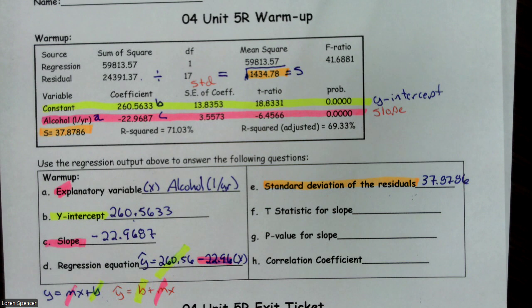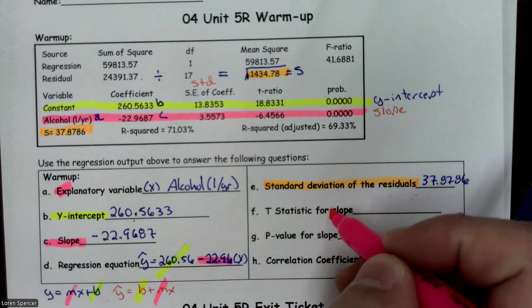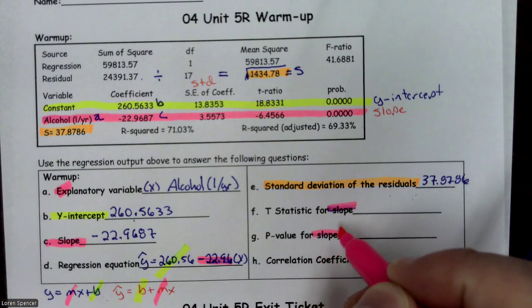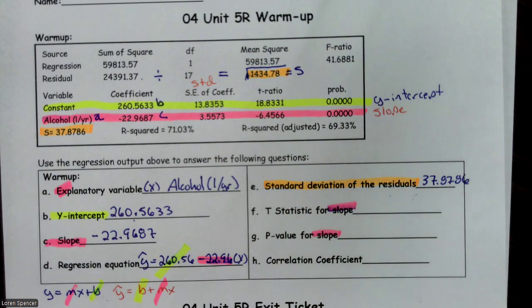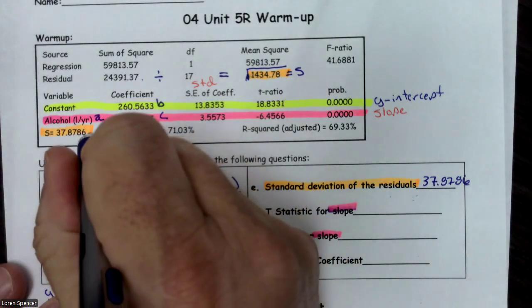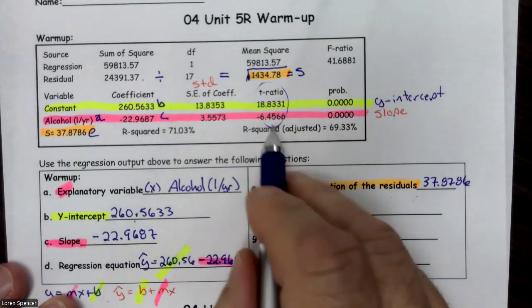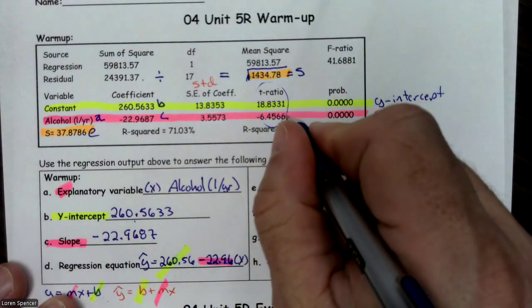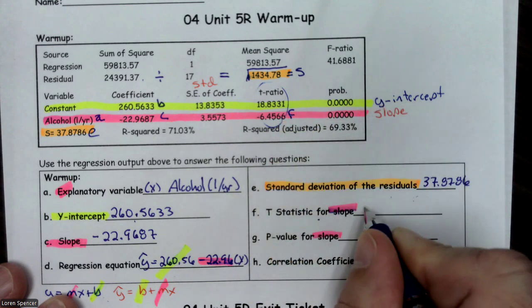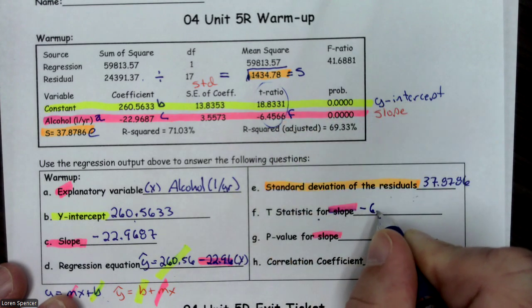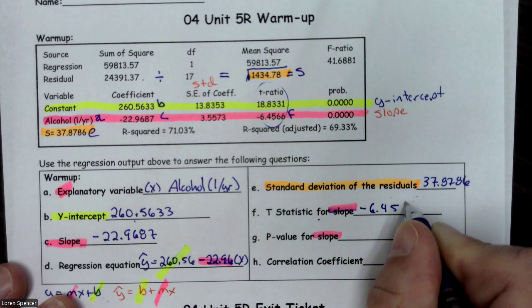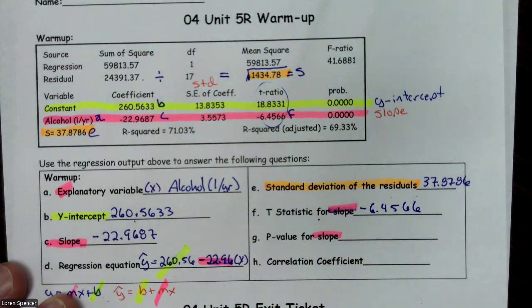All right. The next thing, t statistic for the slope. I see the word slope, and I actually see it twice, so I know that these next two are going to come off the slope row. The t statistic on the slope must be my F, which is negative 6.4566.